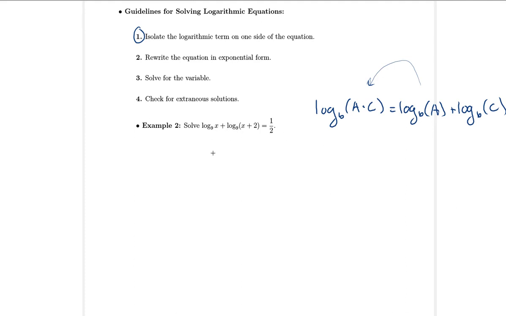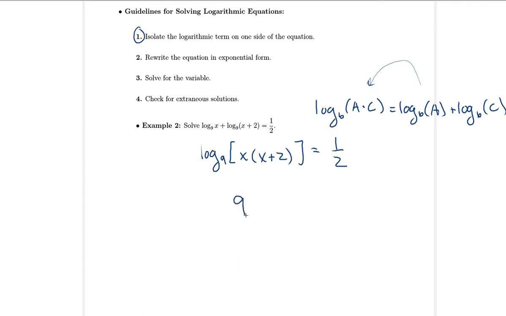So according to this property, I should be able to say log base 9 of x times x plus 2 is equal to 1/2. And now that I've established a single logarithmic term, I can make my transfer to exponential form, right?